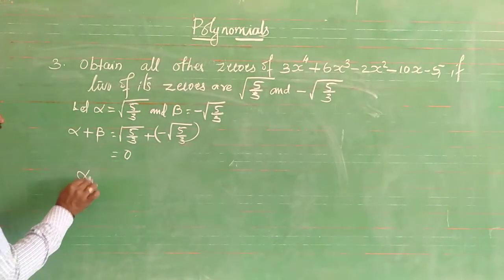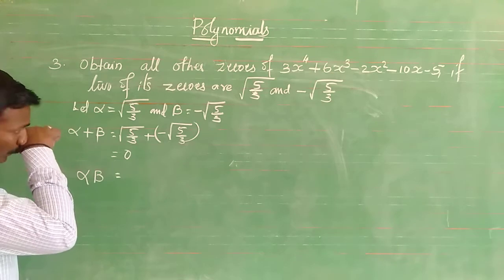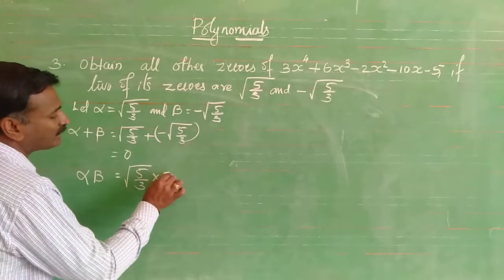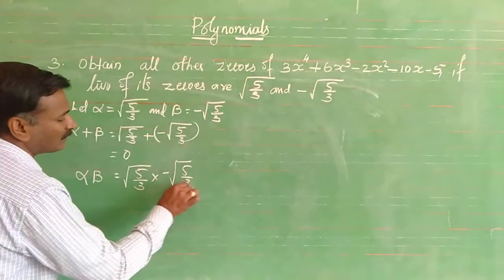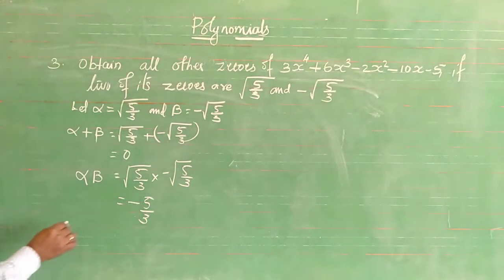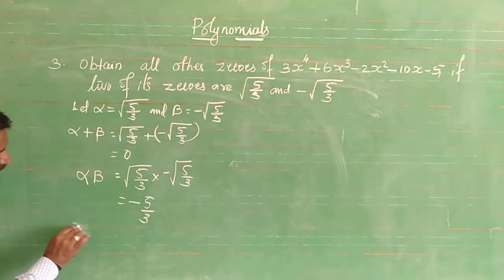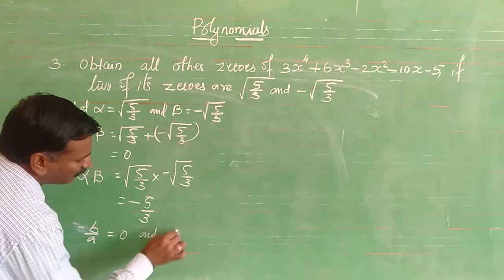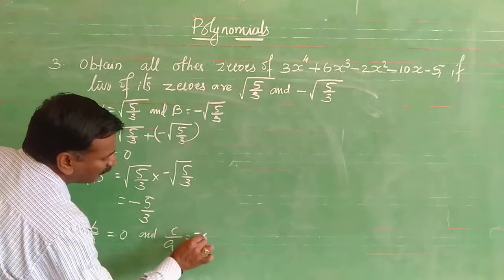Now alpha into beta is equal to root of 5 by 3 into minus root of 5 by 3, that is equal to minus 5 by 3. Now alpha plus beta, that is minus b by a, is equal to 0 and c by a is equal to minus 5 by 3.